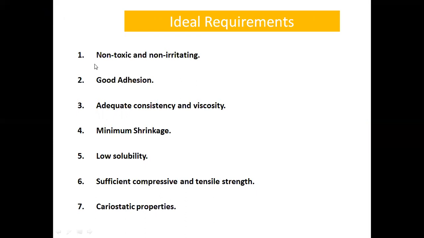They should be non-toxic and non-irritating to the oral cavity. They should provide good adhesion over the pits and fissures. They should have adequate consistency and viscosity, minimum shrinkage after polymerization, and low solubility in the oral cavity. They should have sufficient compressive and tensile strength to bear the forces, and they should also have cariostatic properties.